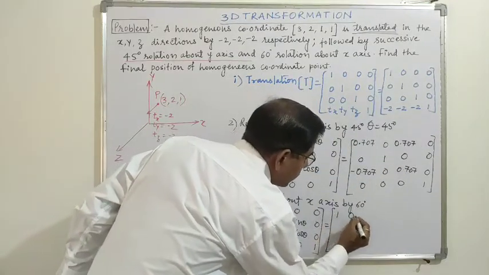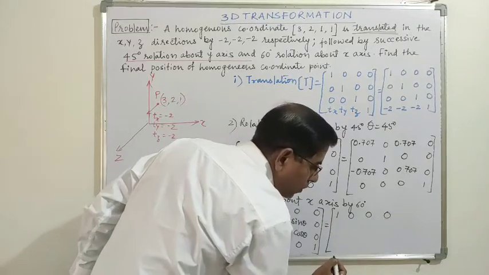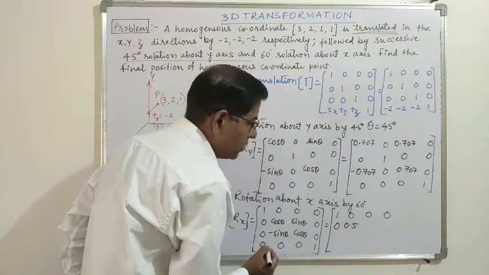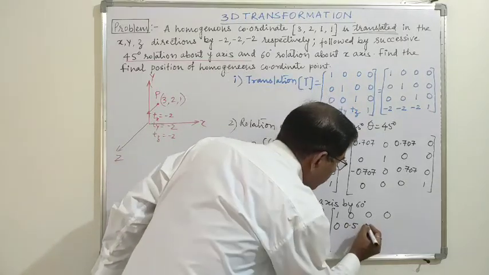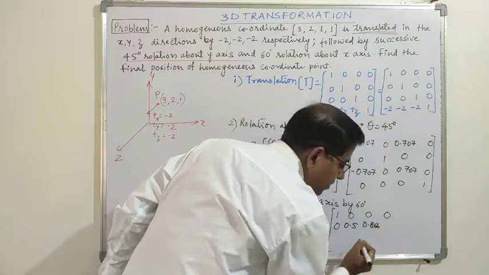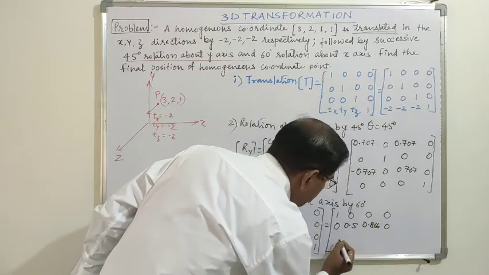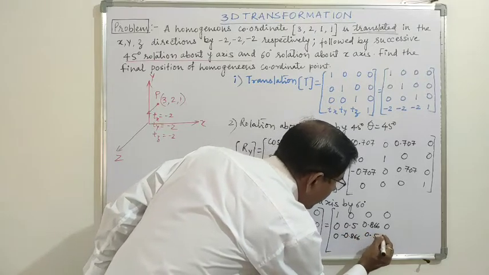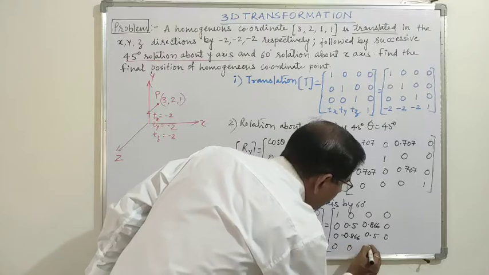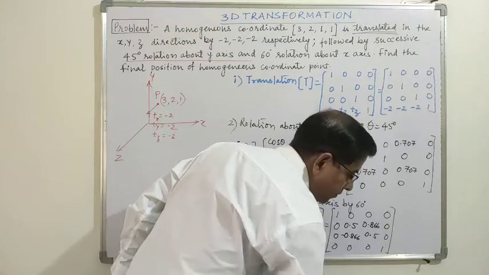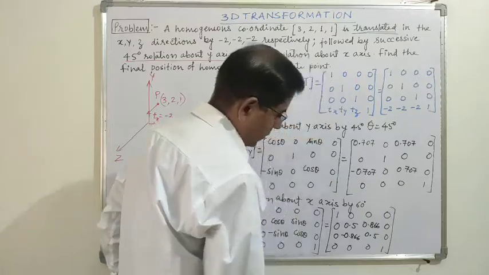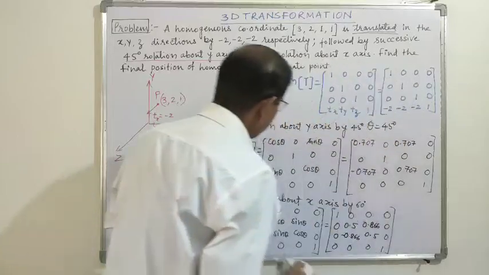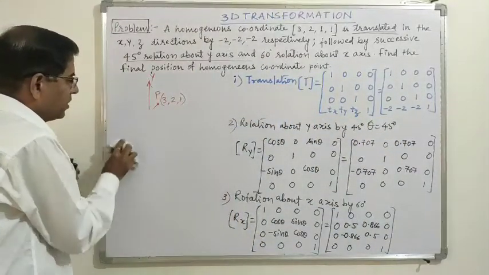So 1 0 0 0, 0 0.5, cos 60 is 0.5, 0.866 0, 0 minus 0.866, 0.5, 0, 0 0 0 1. Okay. Now we are ready with all the three transformations.